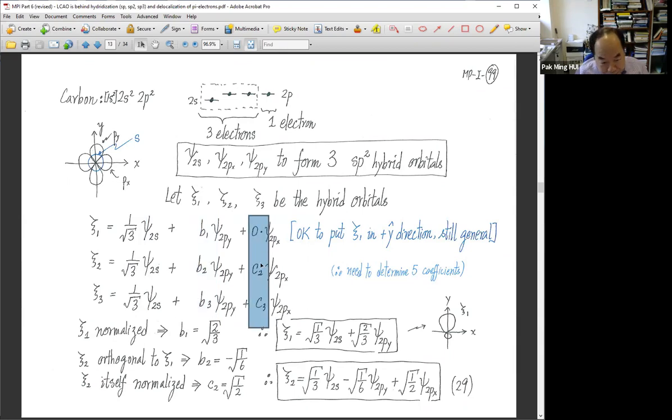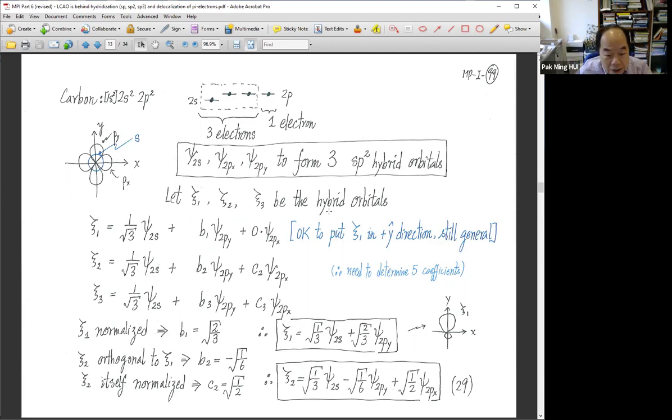And now I exercise one freedom. What I care about is the relative direction of these 3 hybridized orbitals.